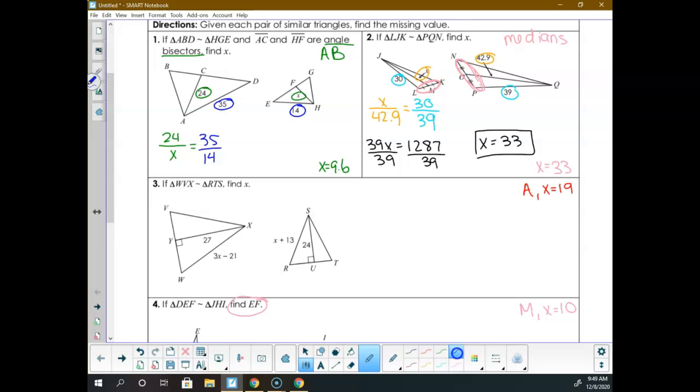Pretty much, yeah. And I don't think none of these involve factoring. So that's kind of nice. Any others on this front page that we kind of want to go over and do?